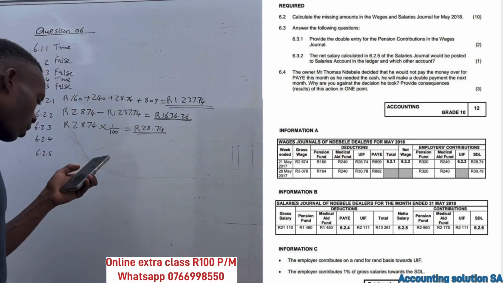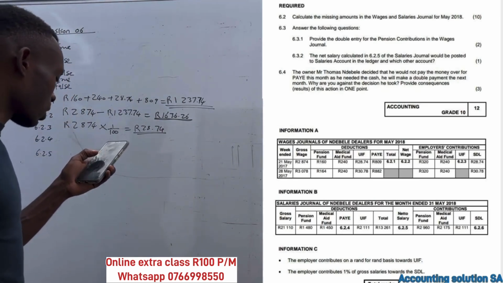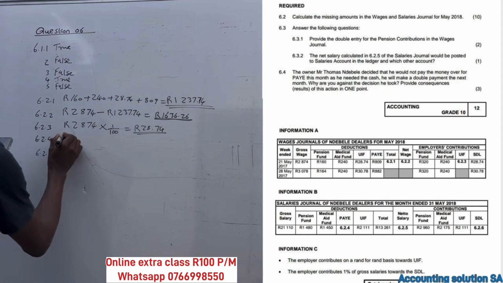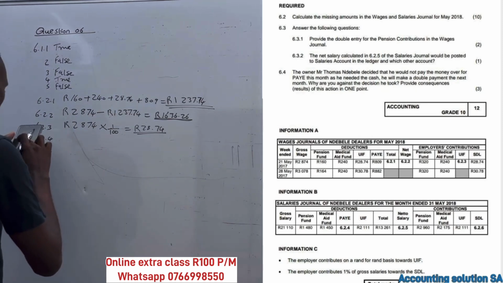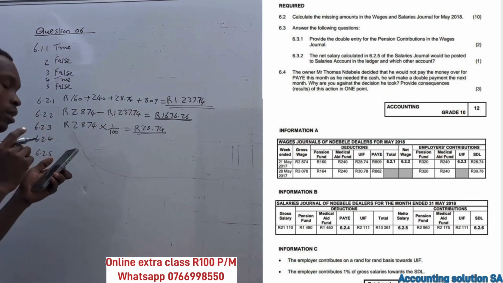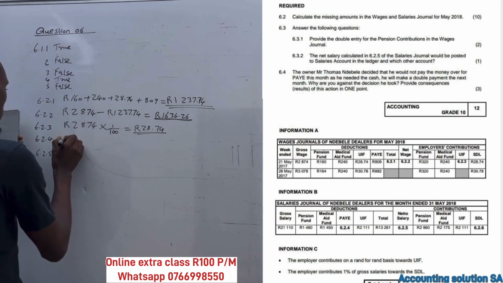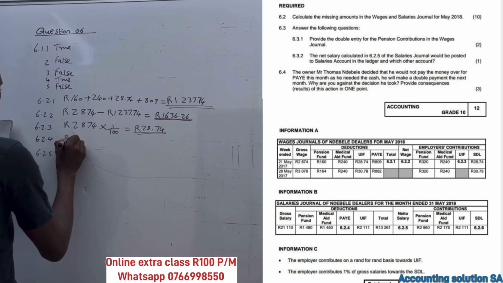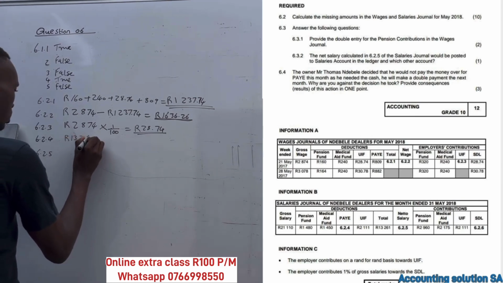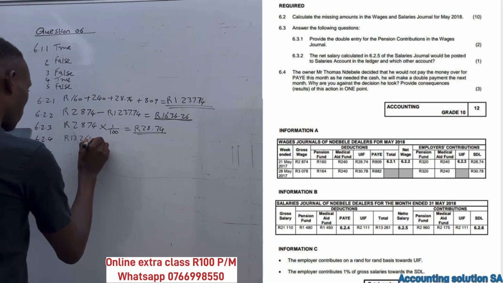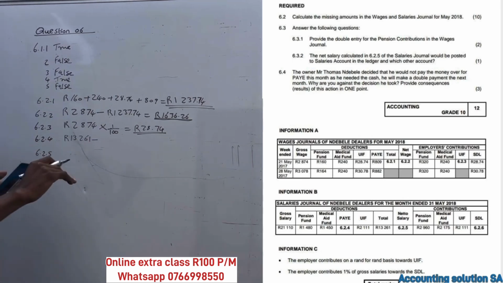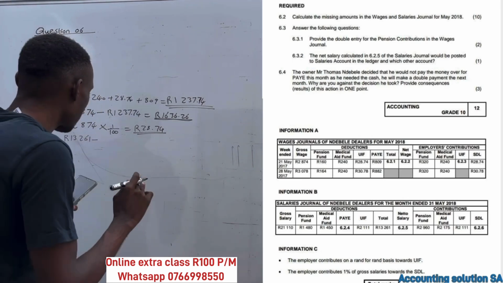If you check, we have a total deduction of 13,261. Now we have to subtract the other deductions, then we calculate PAYE as a balancing figure.